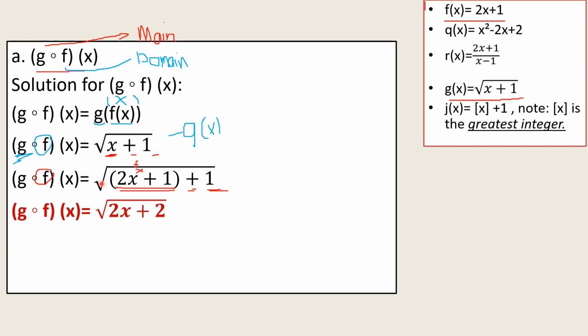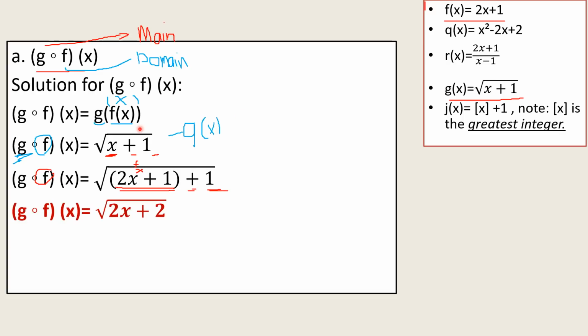Ang radicand sign dito, sa loob niya, yung lahat ng values. So, 2x plus 1 plus 1, it is 2. Hindi naman natin pwedeng i-combine si 2x plus 2 kasi hindi naman sila similar terms. Therefore, the composition of function g and f of x is equal to 2x plus 2.